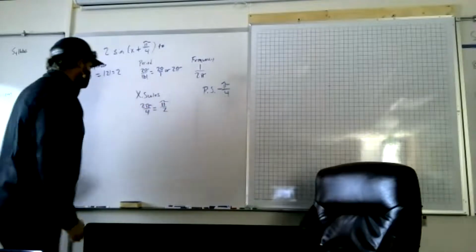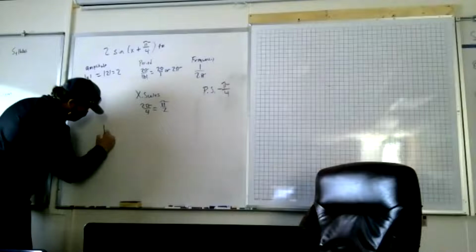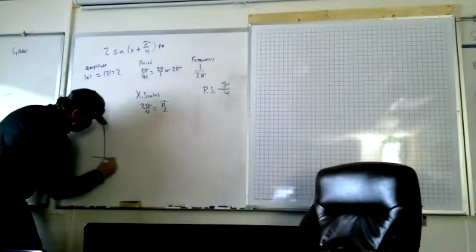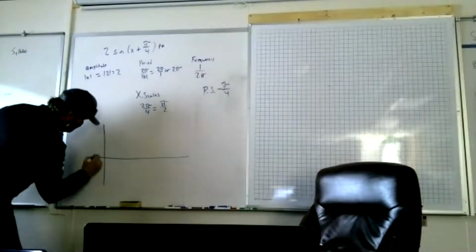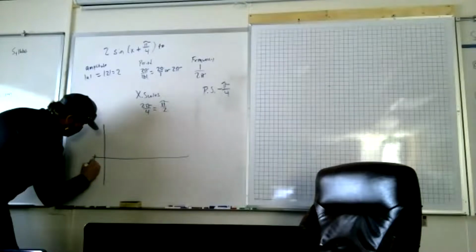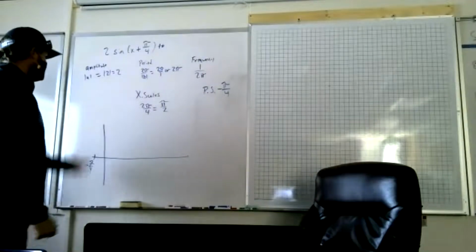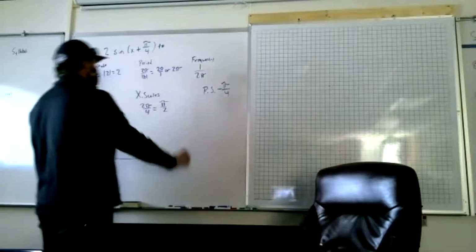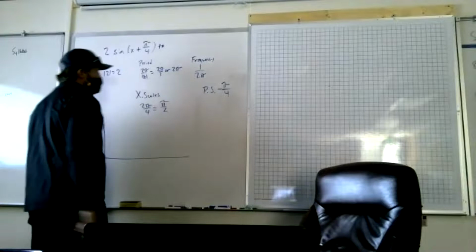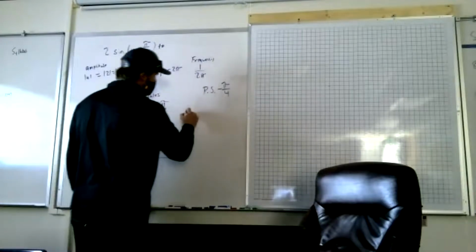First I'm going to take into account my horizontal shift of negative pi fourths. So I moved left this way. Then to find the location of my other critical points, I'm going to add pi halves. I have to have a common denominator.